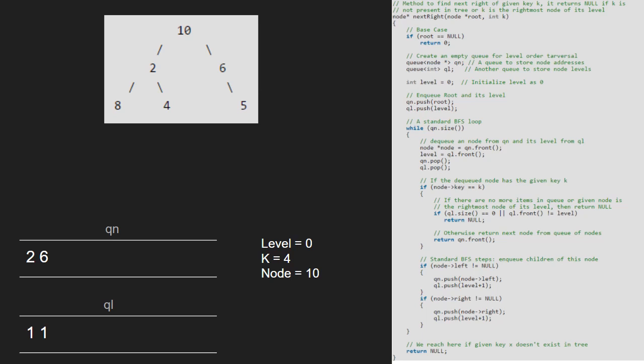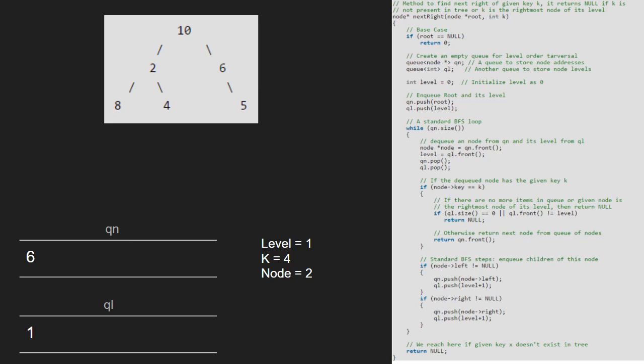Now, node will point to the front element of Qn and level will be equal to the front element of Ql. Next, we dequeue 2 from Qn and 1 from Ql. We check if node's value is equal to k. Since 2 is not equal to 4, we now pass the left and right child of node 2 along with their levels.